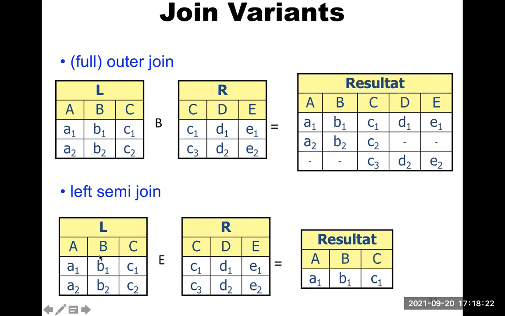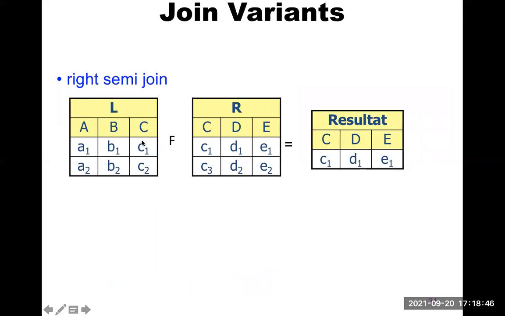For the record of A1, B1, and C1, there is a corresponding record, the first record from R. But I don't need values from there, I don't need data from there. I need to find only records that have something correspondent in the right table.